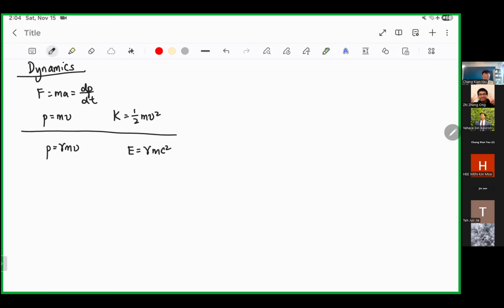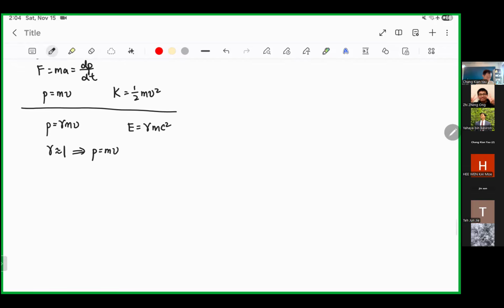For the momentum at least, when it's non-relativistic, gamma is approximately 1, and then you can recover p equals mv. The energy is more interesting, and I'm going to show it to you. So we'll write gamma in its full form, something like this, and then you have mc squared.